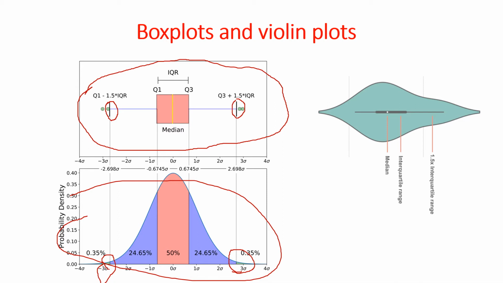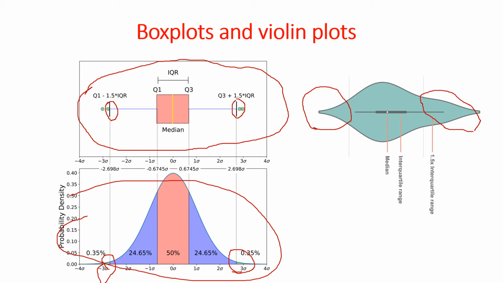Another variant of a box plot is a violin plot. The violin plot on the right here is exactly like a box plot, but with density added. With a violin plot, you can easily look at the tails and see whether the tail on the right side and the tail on the left side are symmetrical or not.